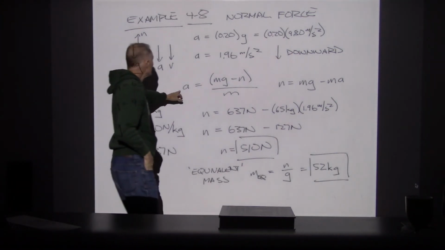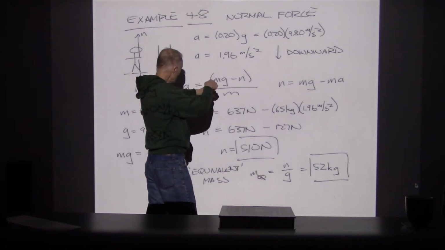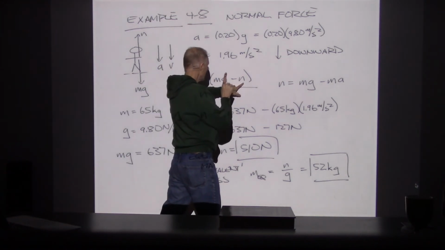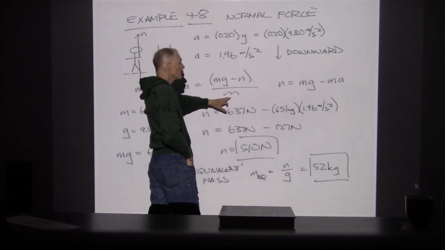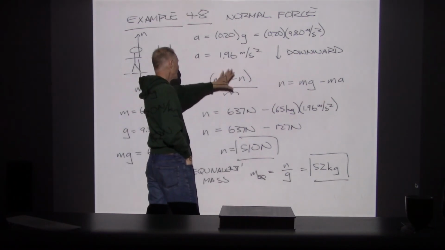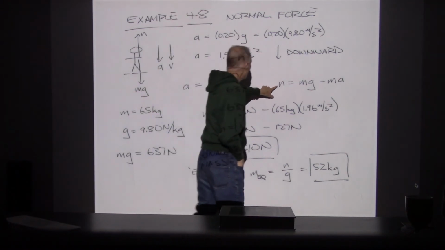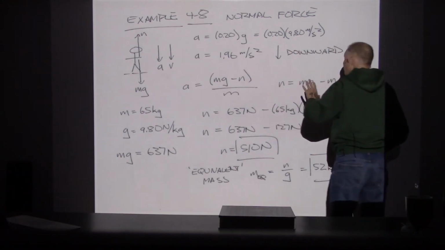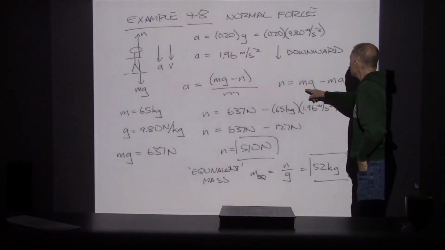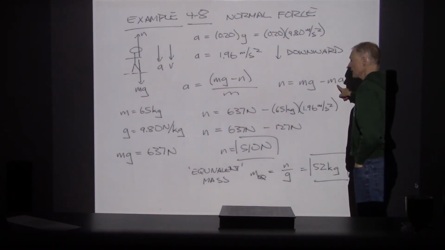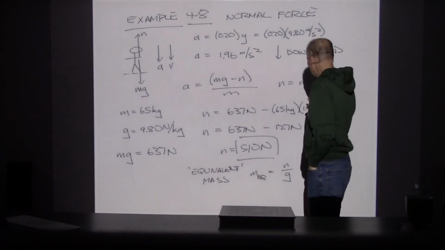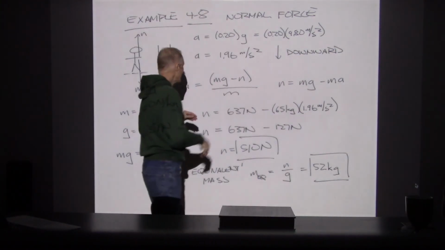So the acceleration here will be mg in the direction of acceleration minus n, opposite, and then divide through by the inertia. Now, a little algebra on this tells us that the normal force, which is what the scale is going to be reading, is mg minus ma. And we can calculate that number.